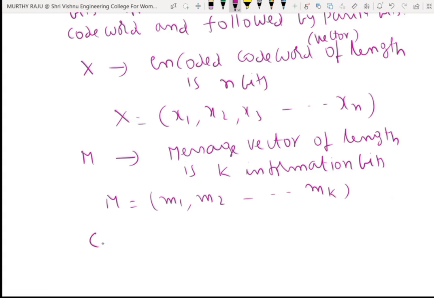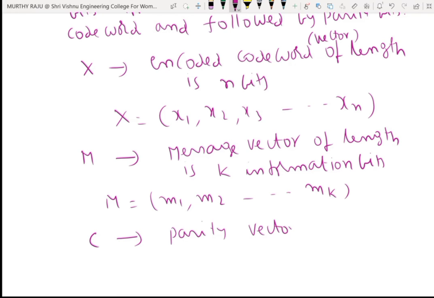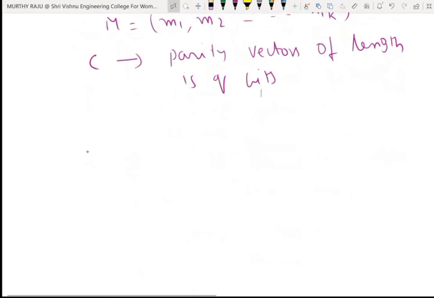And C is the parity check vector, or parity vector, of length q bits, where q is equal to n minus k.